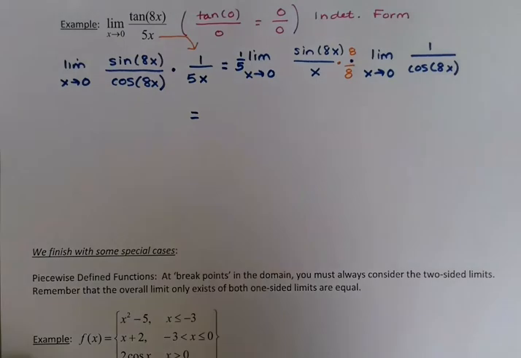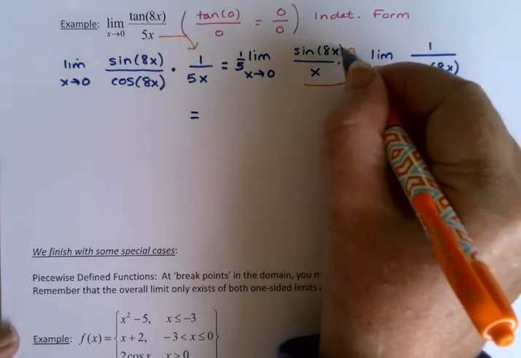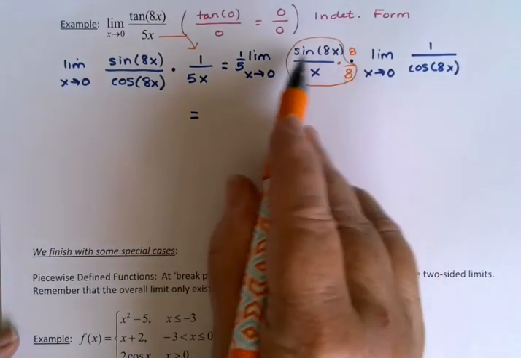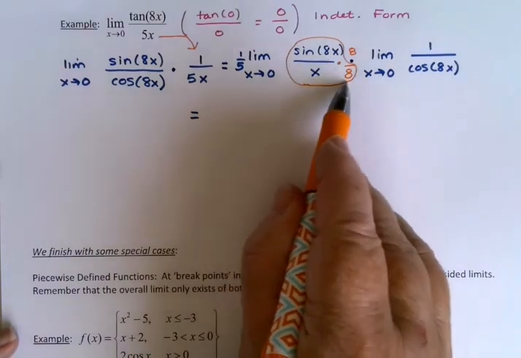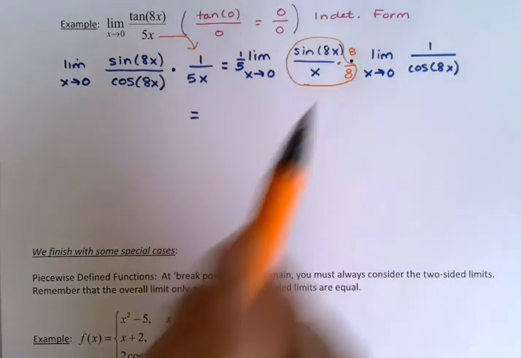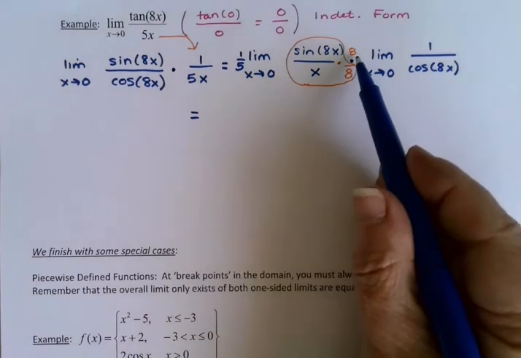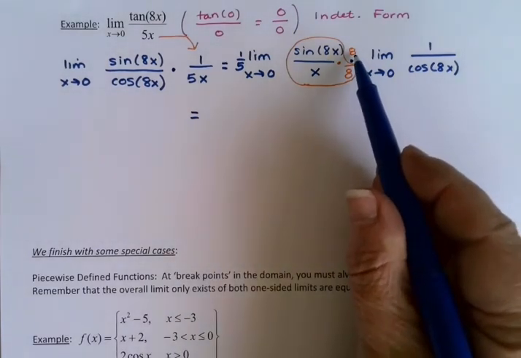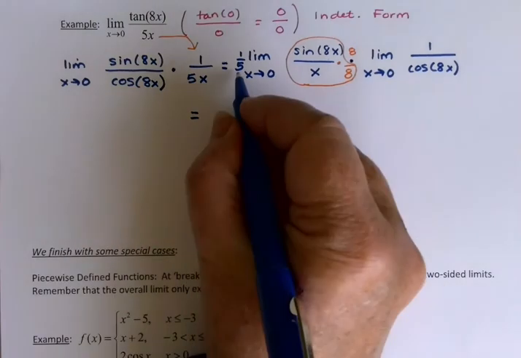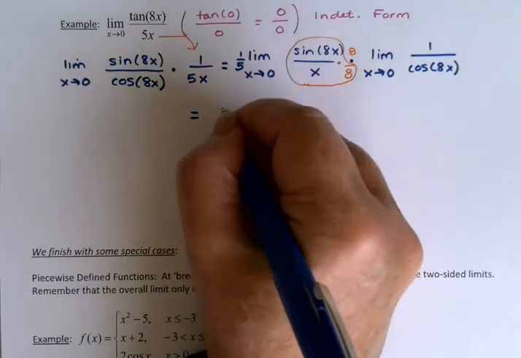I would really like to keep all of that together, to keep the 8x in the denominator to match the argument of the sine function. This 8 is in my way. It's a constant multiplier. I'm going to pull that out in front. So I'm now going to make this 8 over 5.